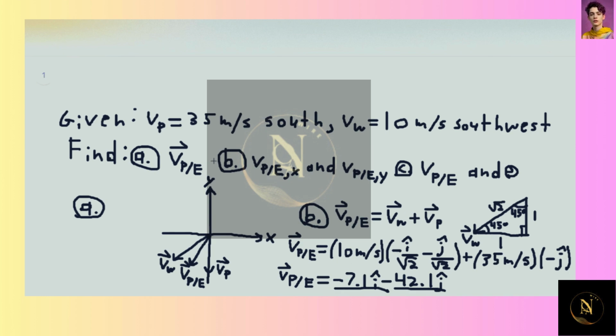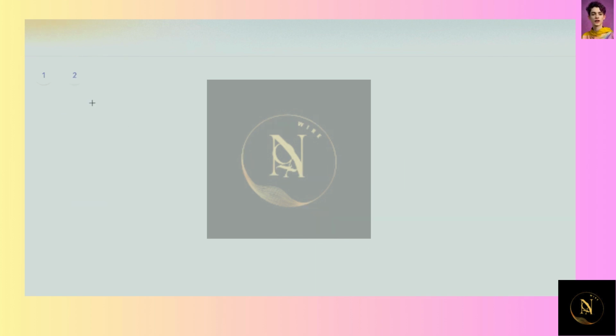So let's start another page here. Okay, so to get the magnitude, we just want to square both the components, add them together, and take the square root. So we're going to use this formula here.